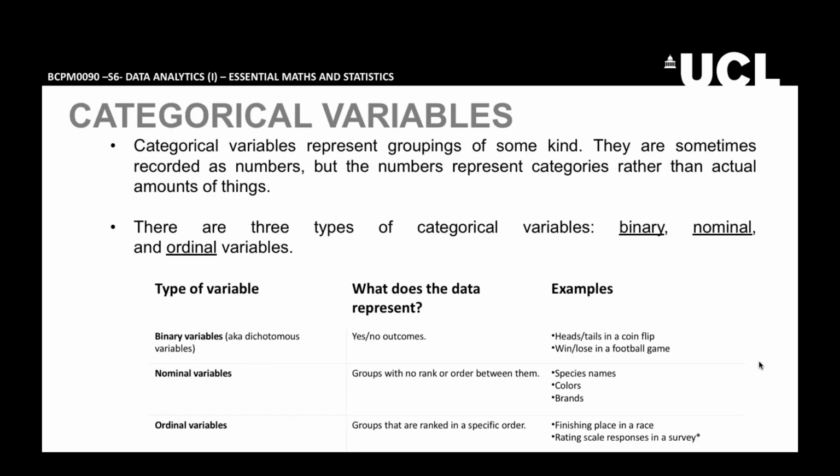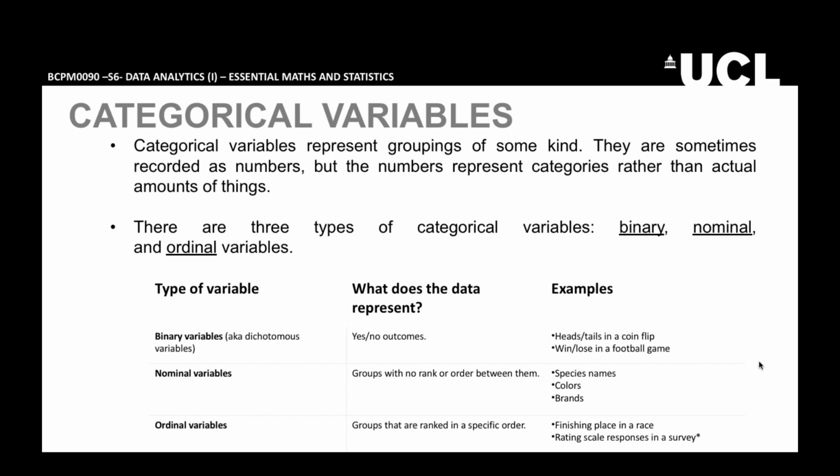The categorical variables represent groupings. Sometimes we can find them recorded as numbers, but these numbers represent categories rather than an actual amount of things. We can distinguish mainly three types of categorical variables: binary, nominal, and ordinal.